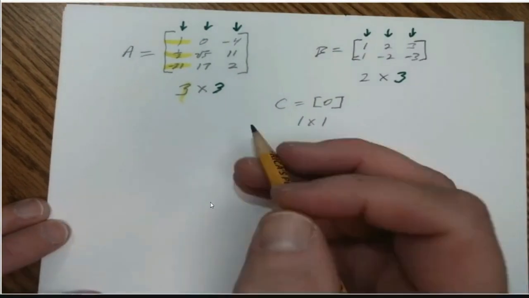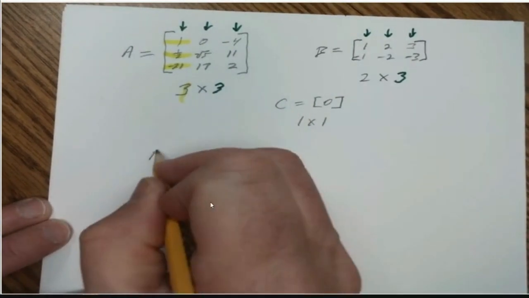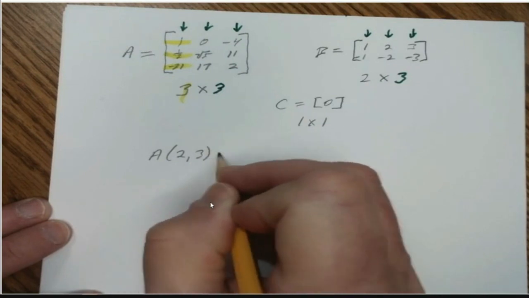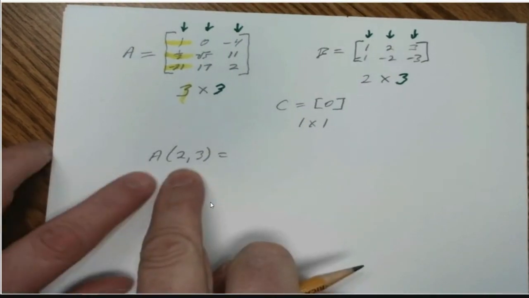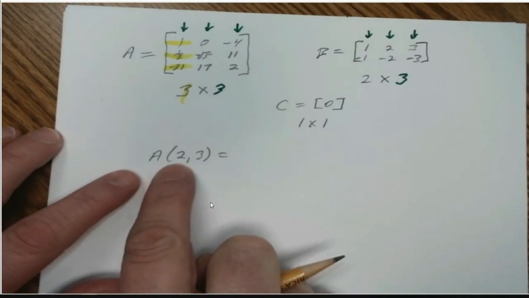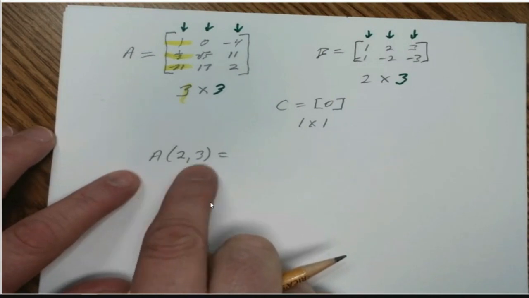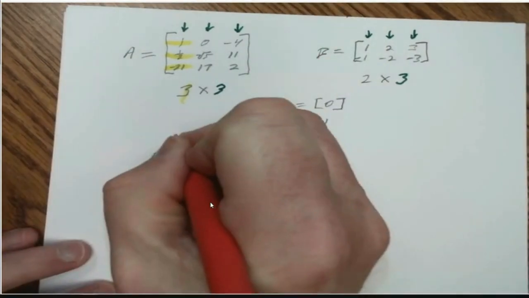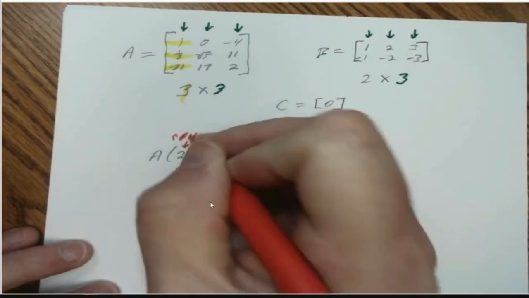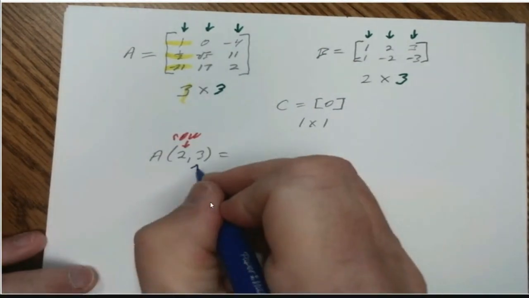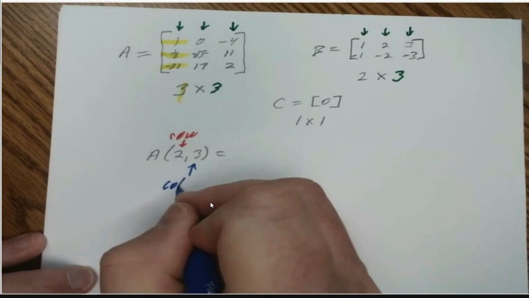The other thing we look at is A of 2, 3. This is asking, in the A matrix, which number is in the second row, third column? Row, column.